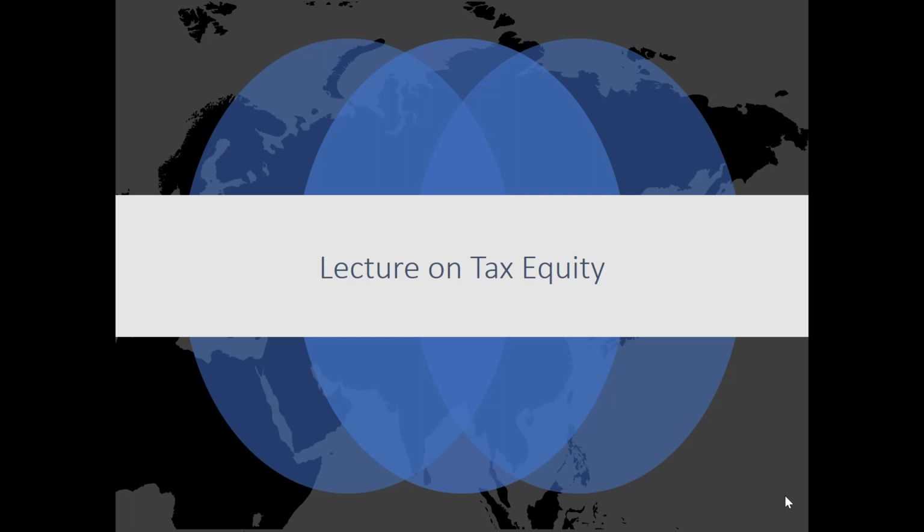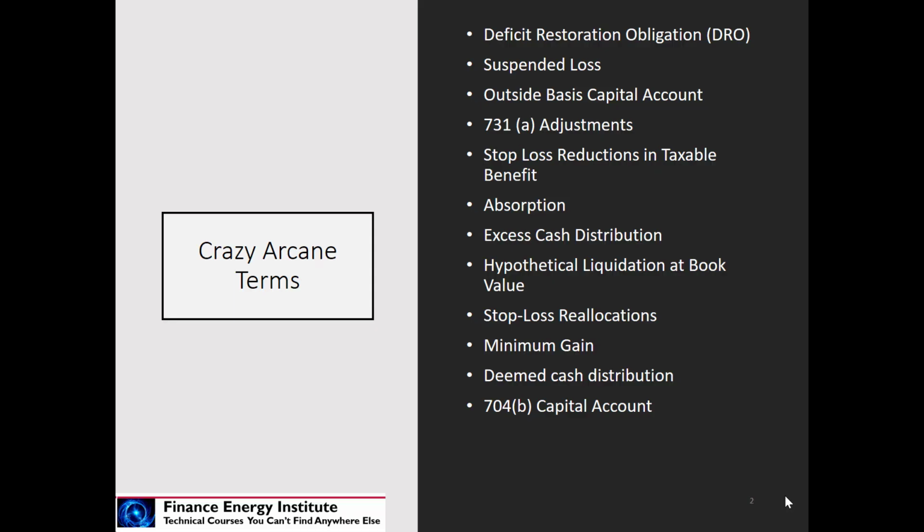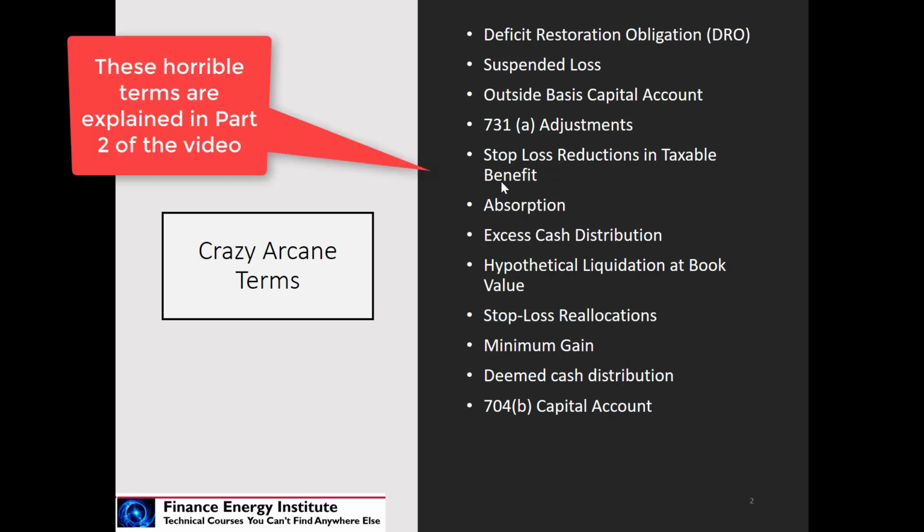Now, there are some real painful things here. What I did is, I'm working on this for a friend of mine in Holland, and we're trying to go through these terms: deficit restoration obligation, suspended loss, outside capital account, section 731 adjustment, stop loss, reduction, absorption, excess cash distributions, blah blah blah.